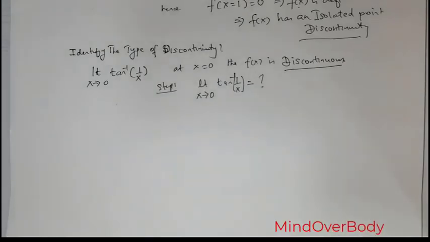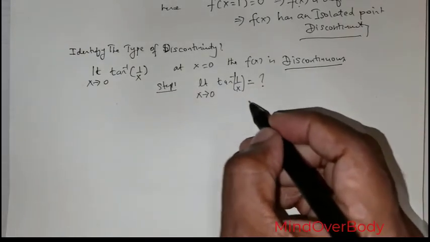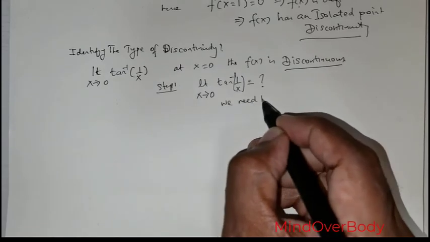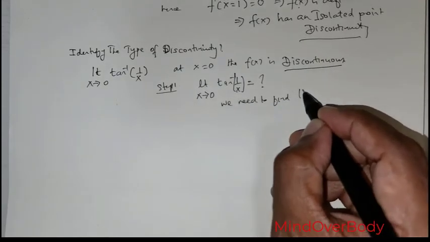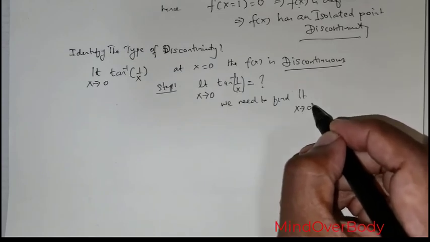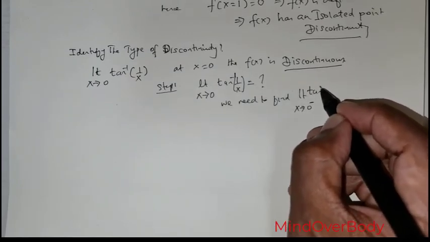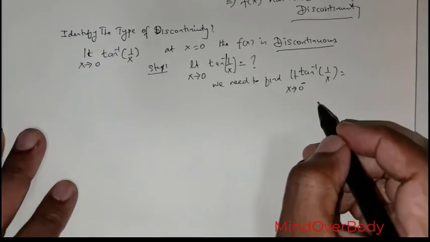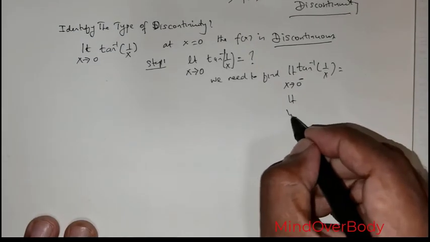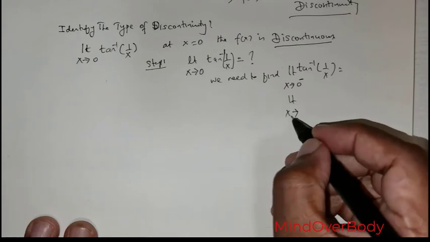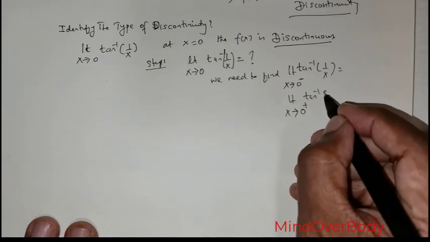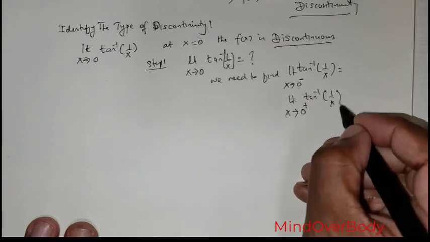Does this exist? So for this to exist, we need to find limit x tending to 0 from the left side, tan inverse of 1 over x. We need to get this value, and we need to get limit x tending to 0 from the right side, tan inverse of 1 over x.